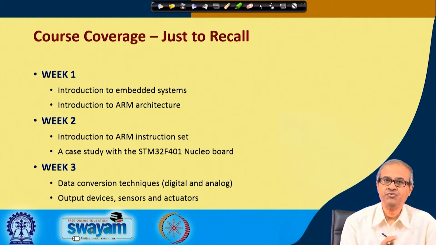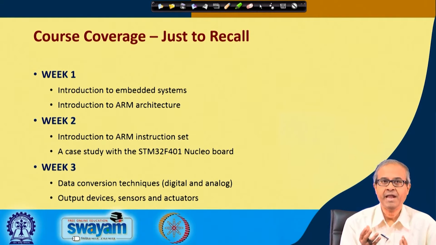During the first week, we talked about introductory aspects of embedded system design, various trade-offs, and the architecture of the ARM microcontrollers. During the second week, we talked about some interesting aspects of the ARM instruction set, some innovations incorporated therein, and we took the STM32 board as a case study, with its specific features.